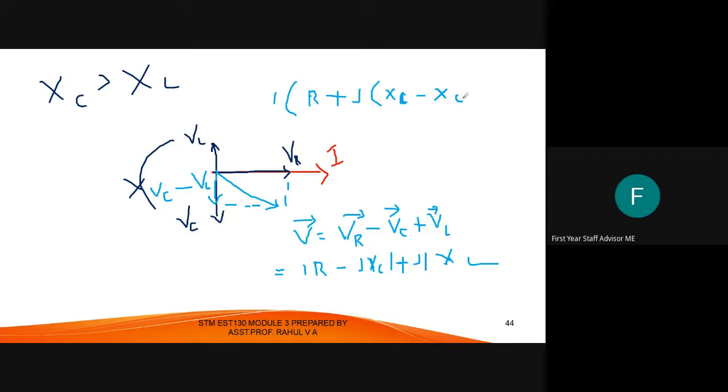So there is no change with respect to the formula. Formula-wise there is no change, because the minus term I can adjust like this: j into XL minus XC.